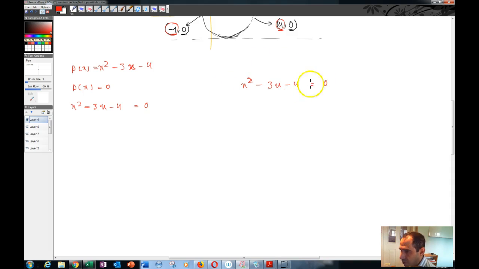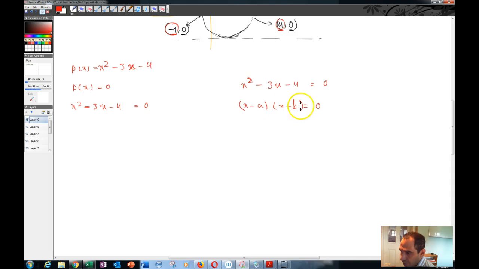You want to factorize this, meaning that right now it's a second degree polynomial. You want to write it as the product of two first degree polynomials. For example, x minus a times x minus b is equal to 0, something like this.